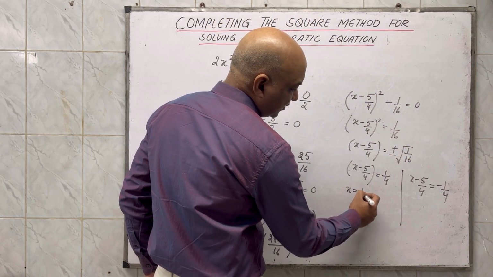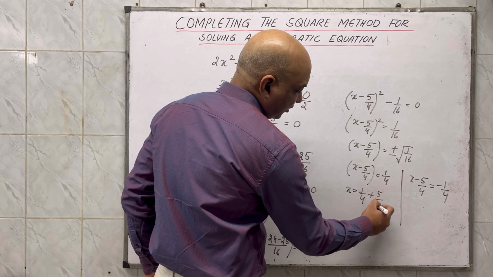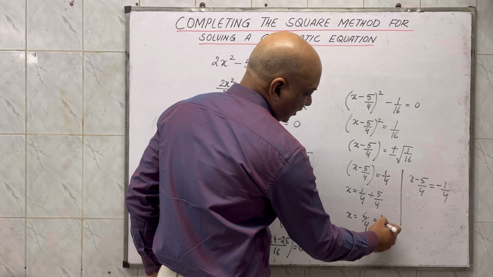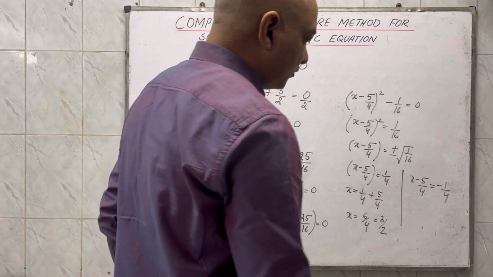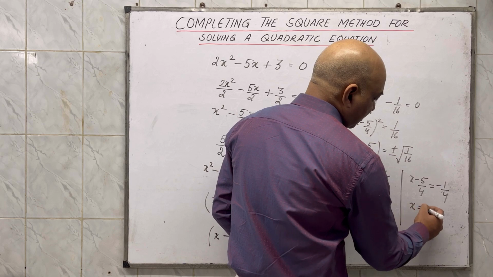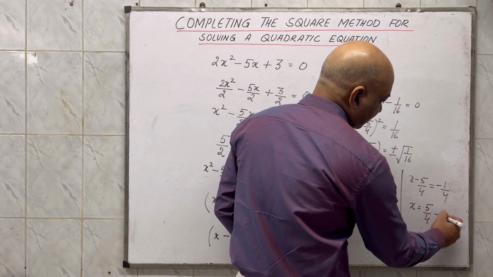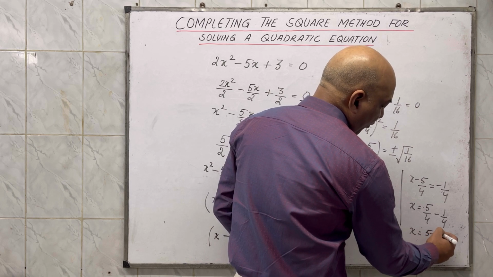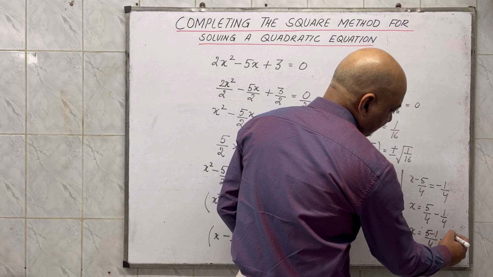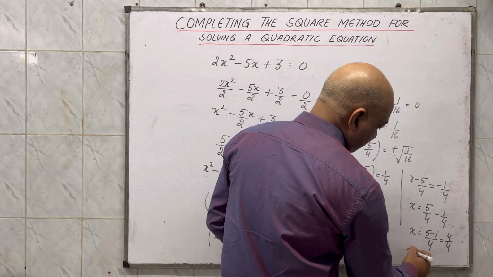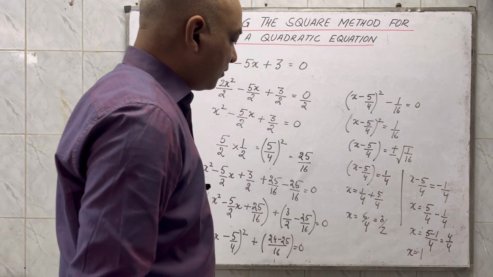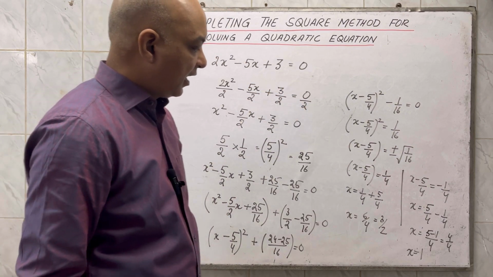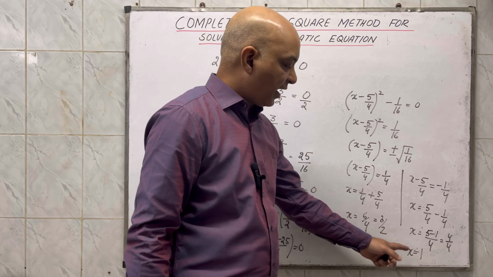Last of all, we will solve these to get the two values of x. One comes out to be 3/2, and the other comes out to be 1. So my two roots of the given quadratic equation are 3/2 and 1.